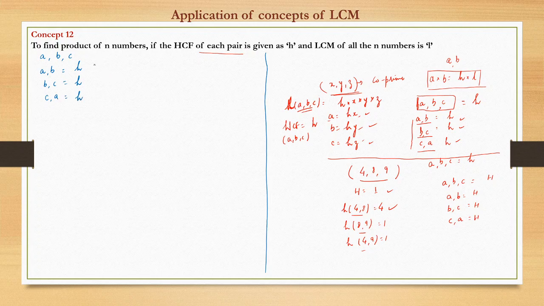So from these three relations, we can write A is equal to Hx, B is equal to Hy, and C is equal to Hz. This is what we can write, where x, y, z are a co-prime triplet that we have seen.